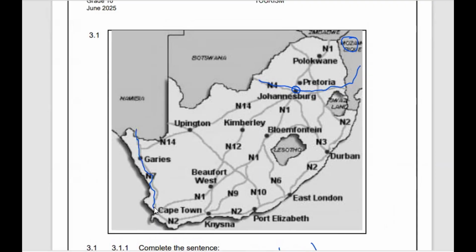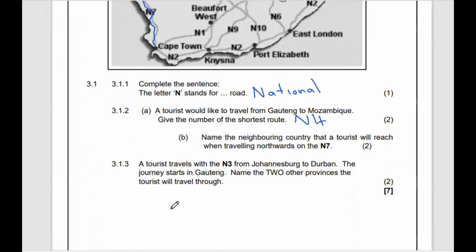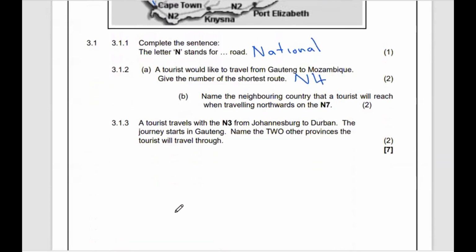It goes up until the Republic of Namibia. So the N7 is a route which takes you to Namibia. Namibia is the neighboring country reached by the N7.